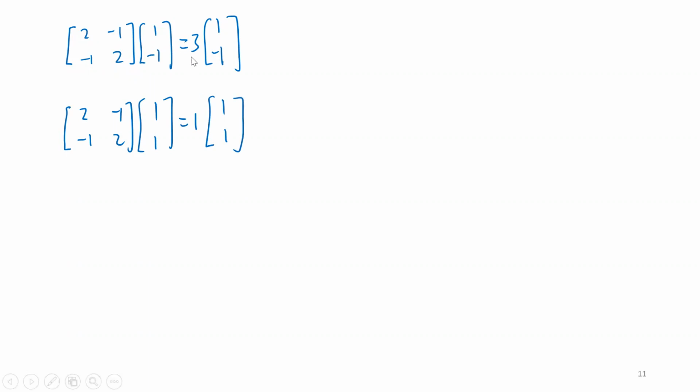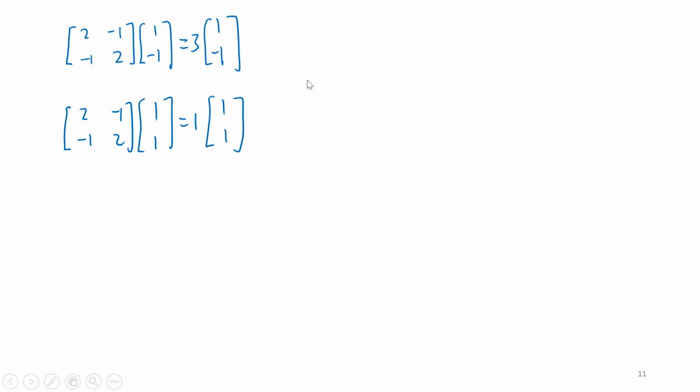These are the two things that we obtain. So now we put these two equations together.